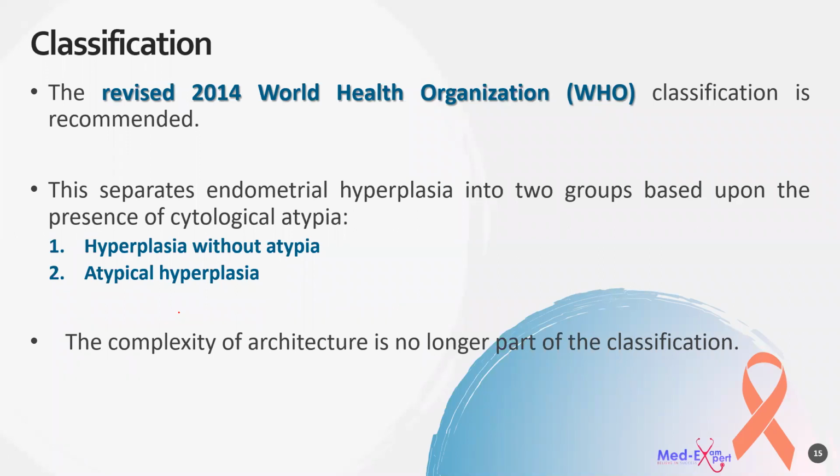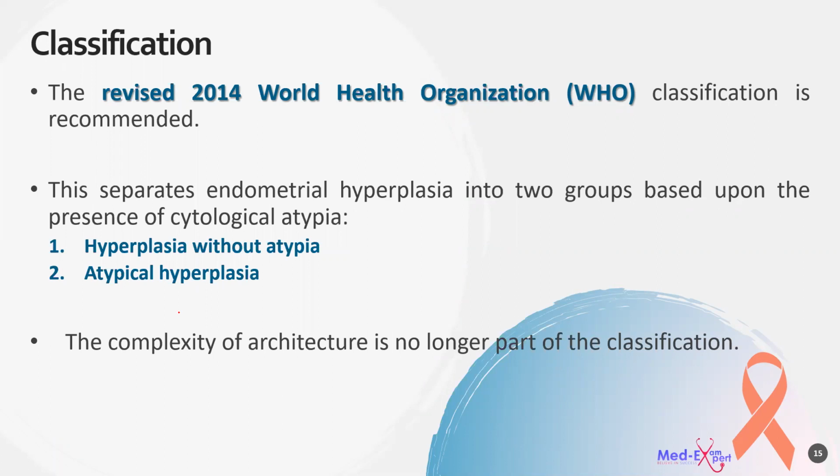In this new classification, the complexity of architecture is no longer part of the classification. Of course, I think all of you know that before, we used to classify endometrial hyperplasia into simple and complex, and each was subdivided into with and without atypia.